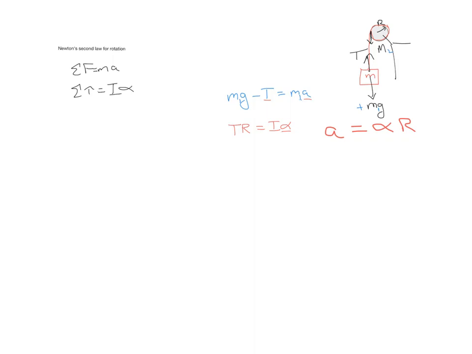So we're going to substitute this into the angular equation to relate the angular motion to the tangential acceleration, which is the linear acceleration of the block. So the rate at which that outer edge is accelerating tangentially on the pulley is going to be equal to the angular acceleration, assuming that the string does not slip over the pulley.